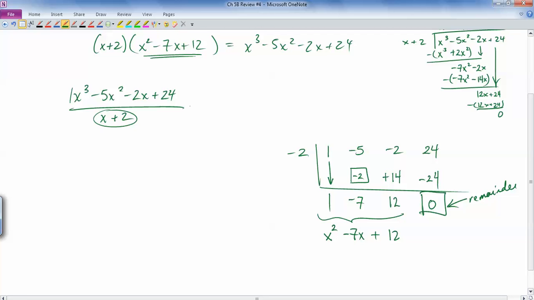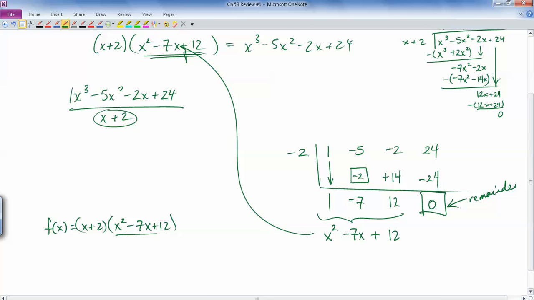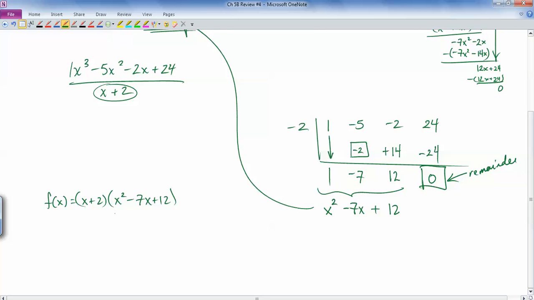Okay, so either way, now we can fill in that part right there. So what I've got is f of x can be written as x plus 2 times x squared minus 7x plus 12. And then you have to see, can I break that down more? So let's look at x squared minus 7x plus 12. And maybe you're good enough to just do that without needing any extra work.